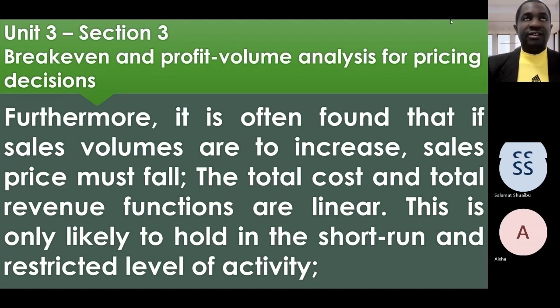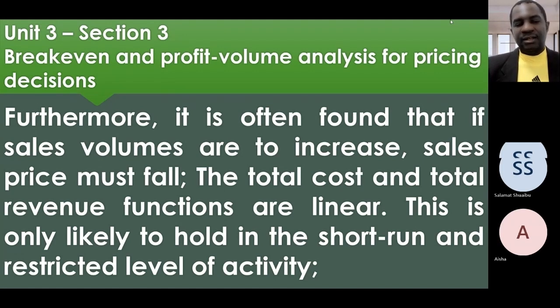So the total cost and total revenue functions are linear, in the sense that they likely hold in the short run and restrict the level of activity. So what does that mean? It means that the total cost and total revenue functions are dependent on your sales volume. Very important.